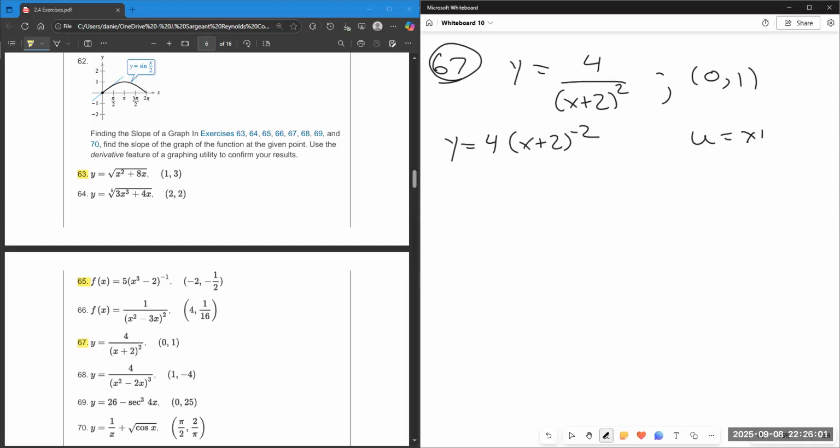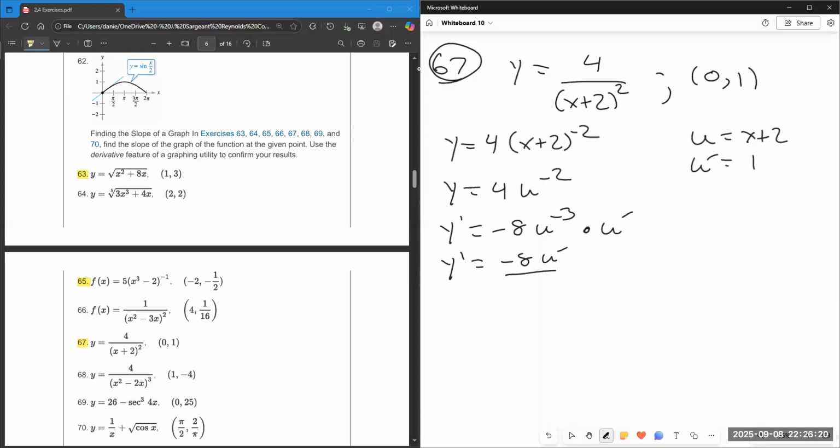U is equal to x plus 2, and u prime is equal to 1, making y equal to 4u to the negative second. Y prime will be negative 8u to the negative third times u prime, or y prime is equal to negative 8u prime over u to the third, negative 8 times 1 over x plus 2 to the third, so negative 8 over x plus 2 to the third.